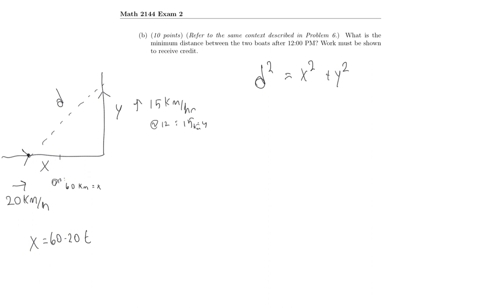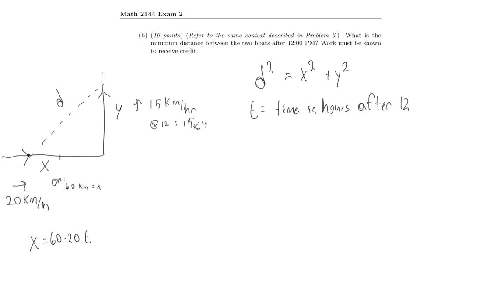This also tells us that t is going to be time in hours after 12, because we're saying that t equals 0 is where they are at 12 p.m.